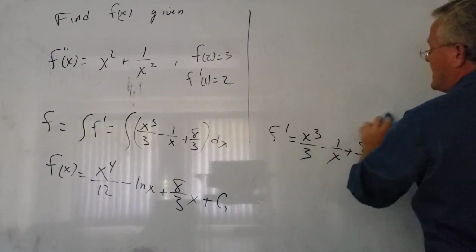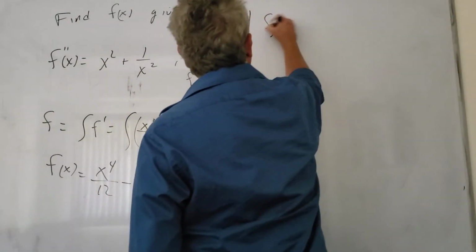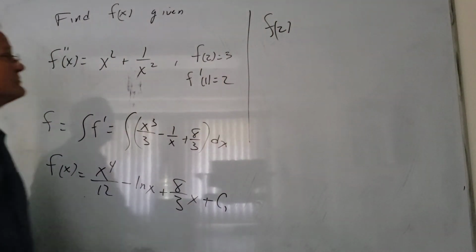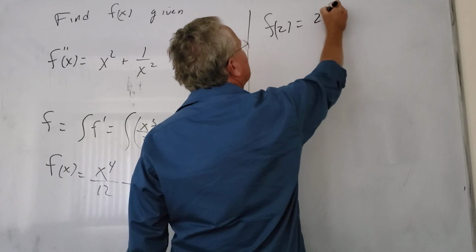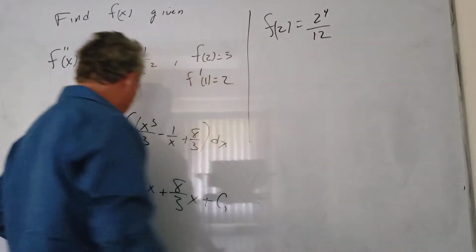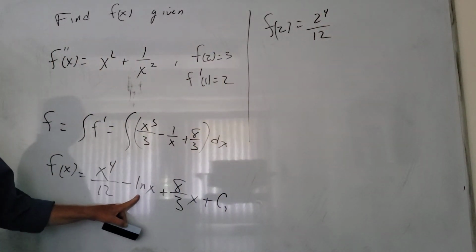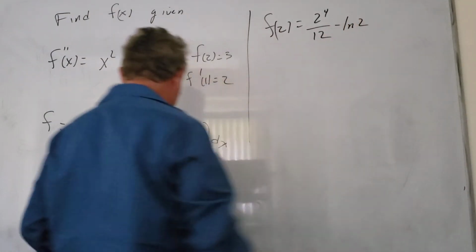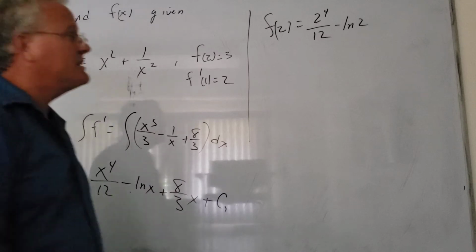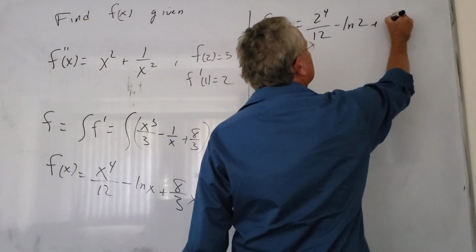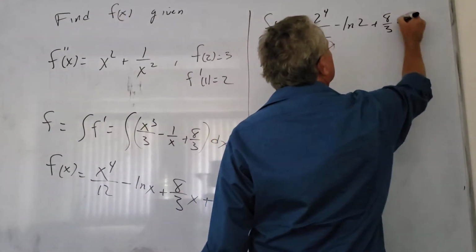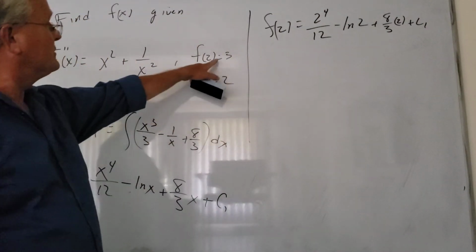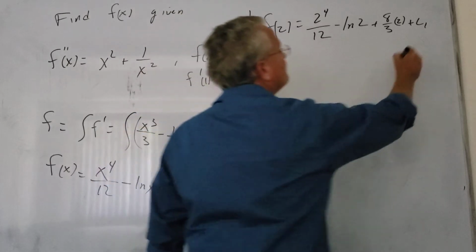So using that information, f of 2 is 2 to the 4th over 12 minus the natural log of 2 plus 8 over 3 times 2 plus our constant, and we're told that this is equal to 3.